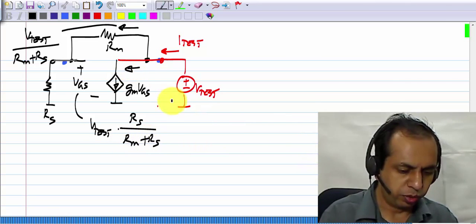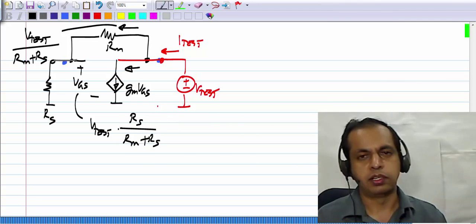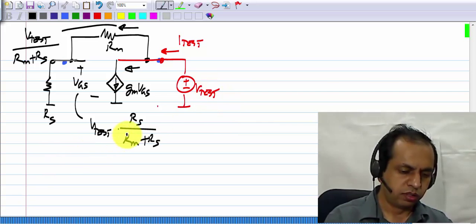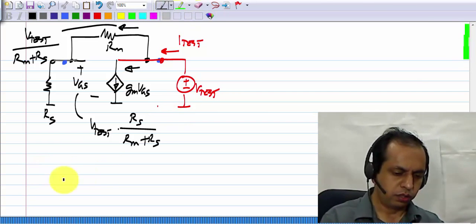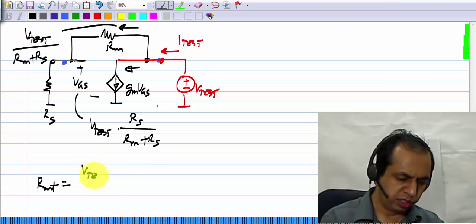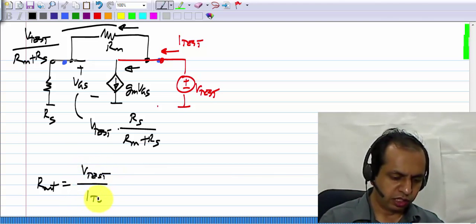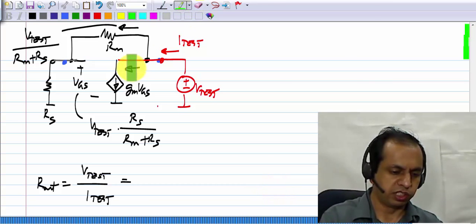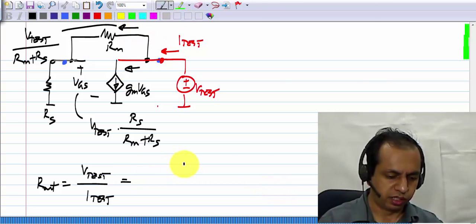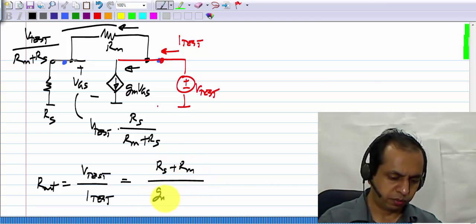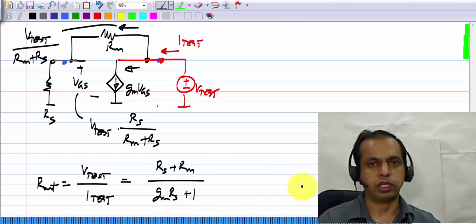So this current will be GM times this number. So now you can work out that Rout, which will be V test by I test in this case. You can find I test by summing this current and that current, and that will be equal to Rs plus Rm by GM Rs plus 1.